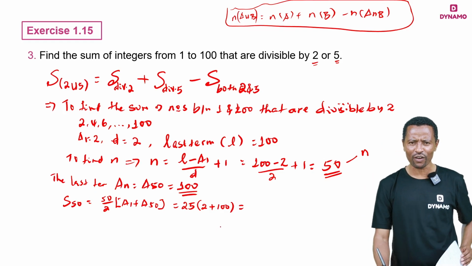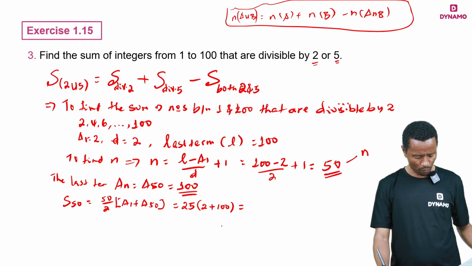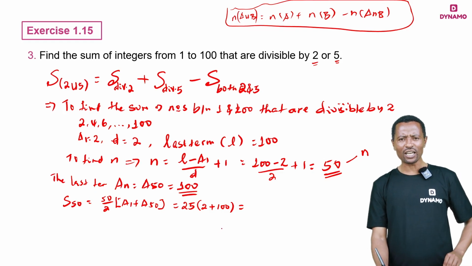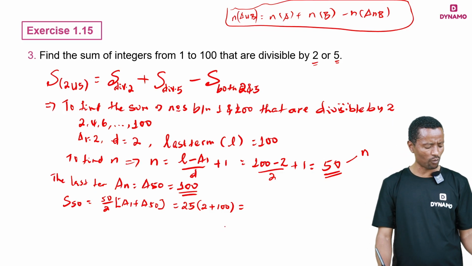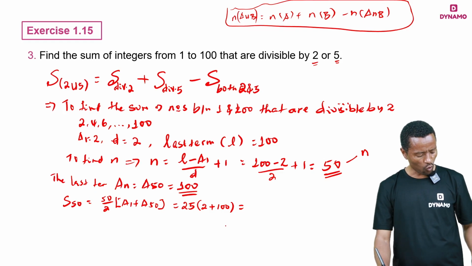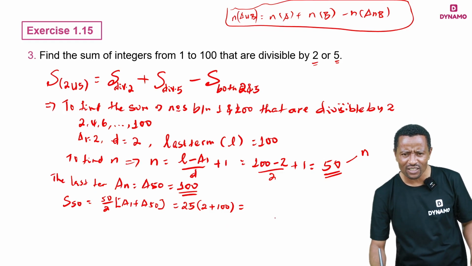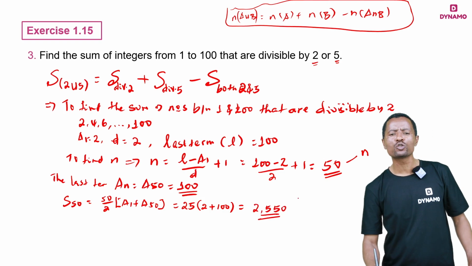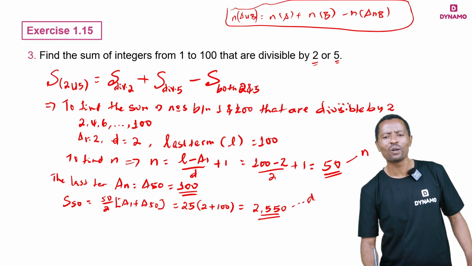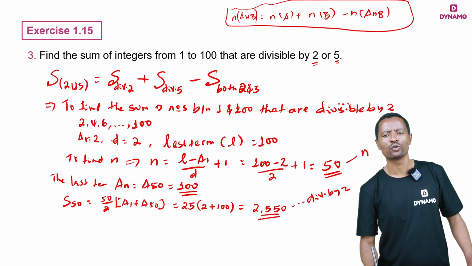Ishee kana yoo compute gootan meeqa argattu? 2,550 nu argattu jechuudha. Kun those which are divisible by 2 dha jechuudha.